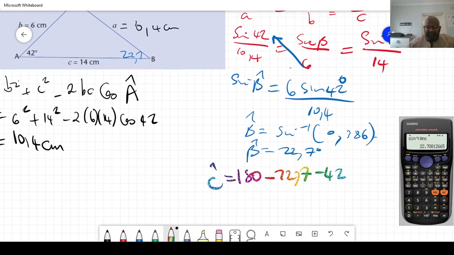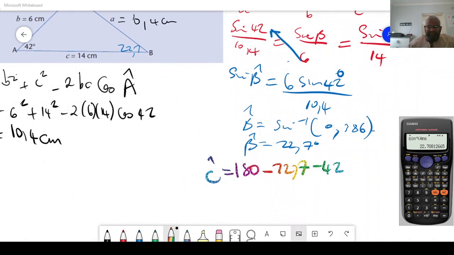Okay. So plug that in the calculator. It's 180 minus 22.7, which is the last answer calculated, minus 42, which gives us 115,3 degrees. Okay.